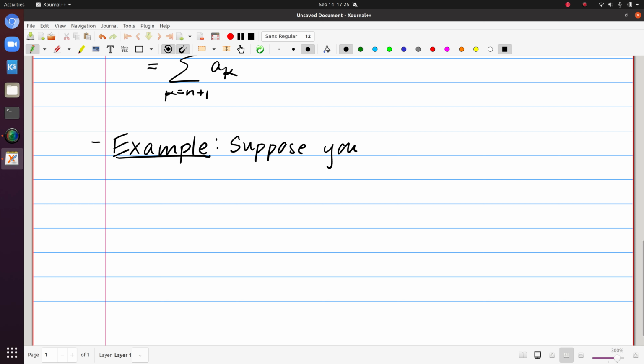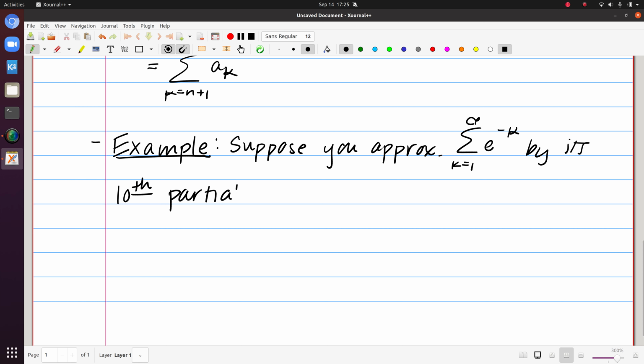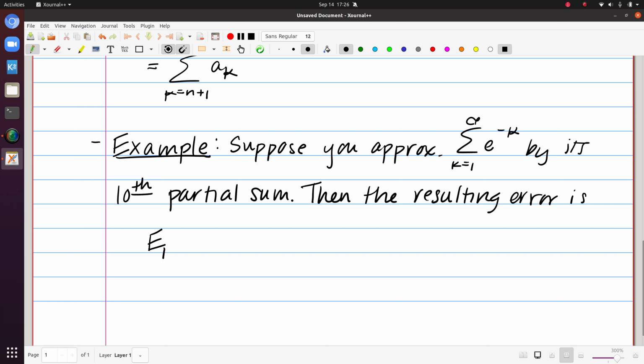Suppose you were to approximate the sum from k equals 1 to infinity of e to the minus k by its 10th partial sum, S sub 10. Then the resulting error, as we've defined it above, E sub 10, would be the sum from 11 to infinity of e to the minus k.